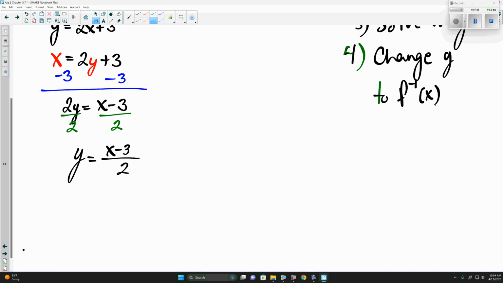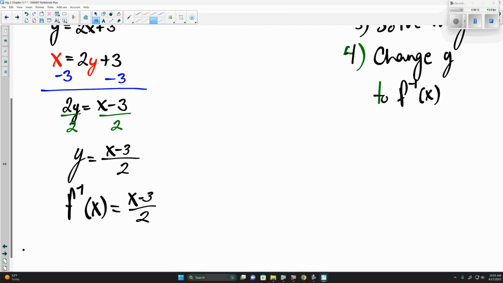And lastly, we're going to change y to f inverse of x. And the -1 next to our f is signifying that this is the inverse of the function f of x.